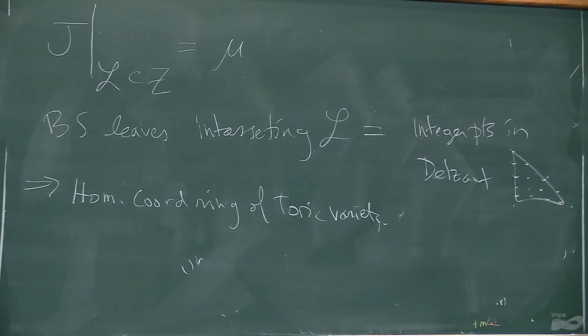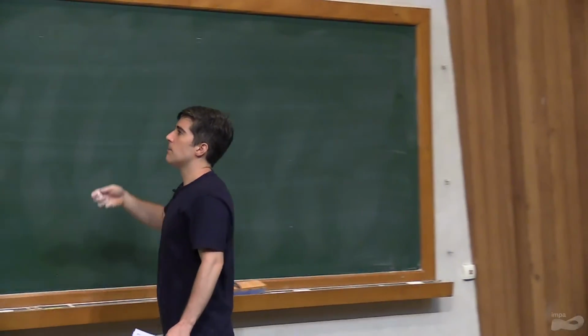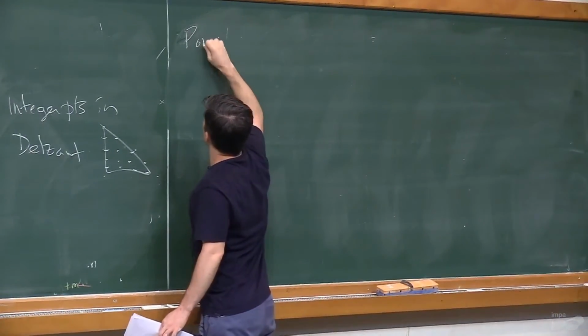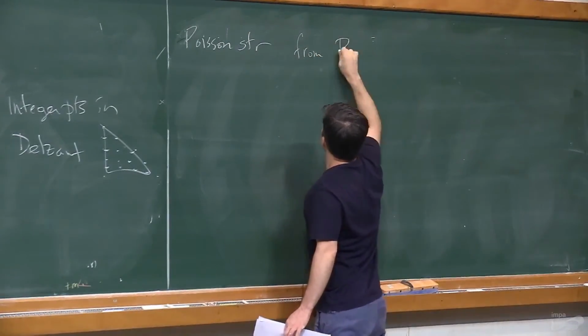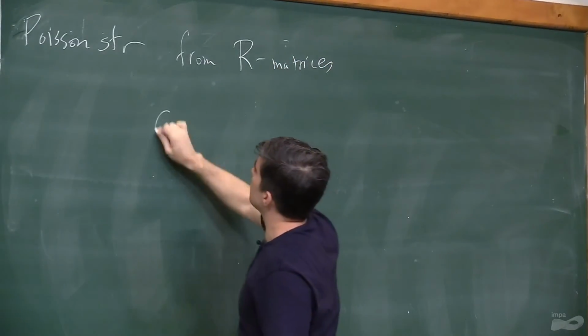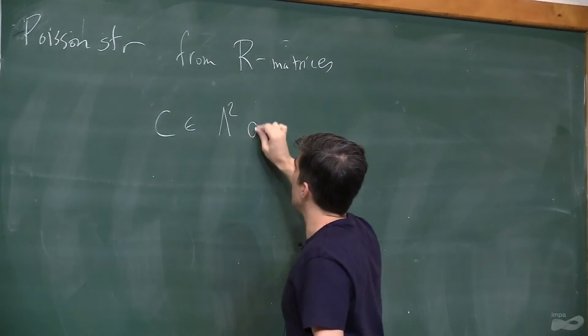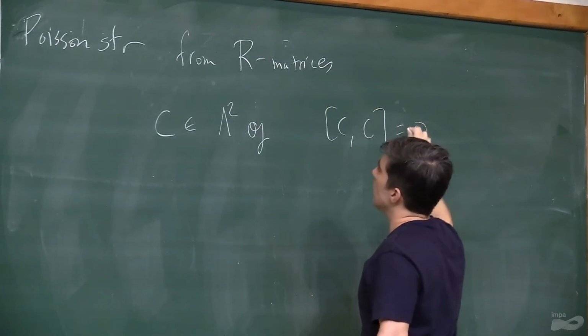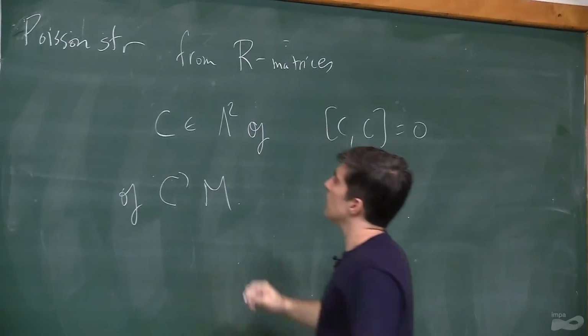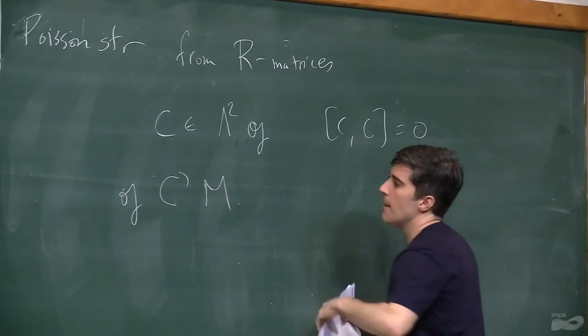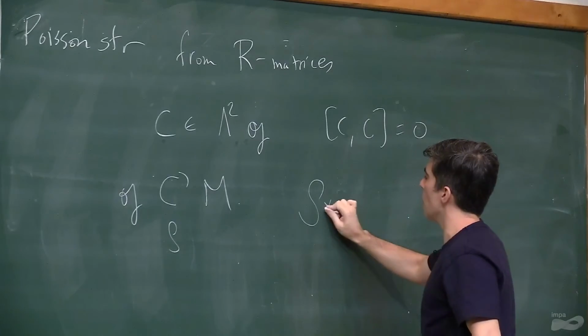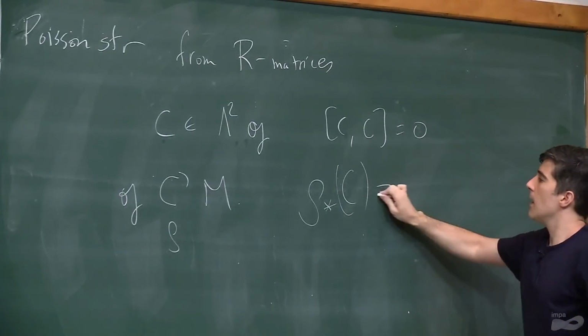Now we go back in the literature and we see that there's a very nice paper of Ping Xu, and a paper of Xu and Weinstein, where they study Poisson structures coming from R matrices, C in wedge 2 of the Lie algebra, with [C,C] equal to 0, and the Lie algebra acts on M. So if you have a Lie algebraic Poisson structure, and the Lie algebra acts on M by some action, then you can push forward the R matrix, and we get a Poisson structure.